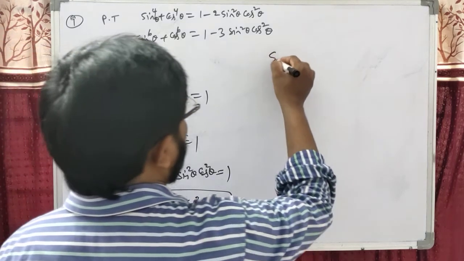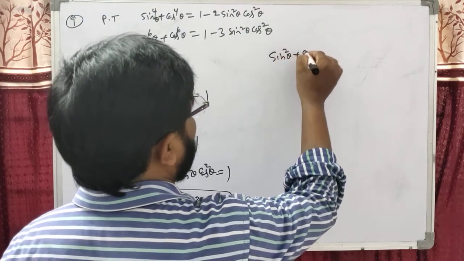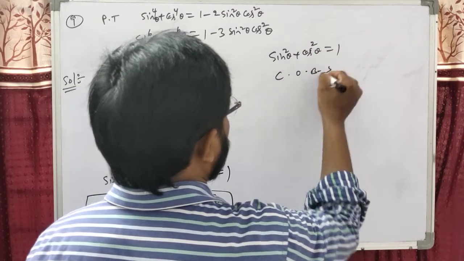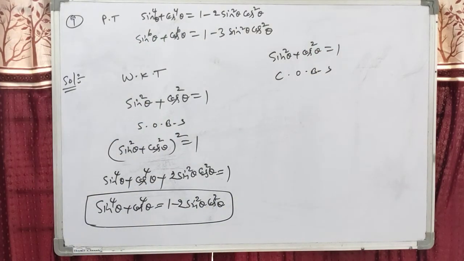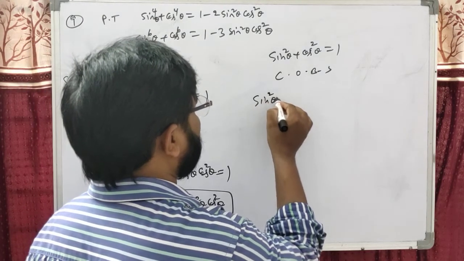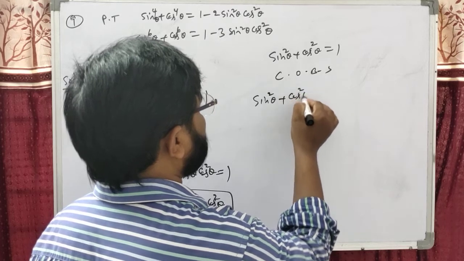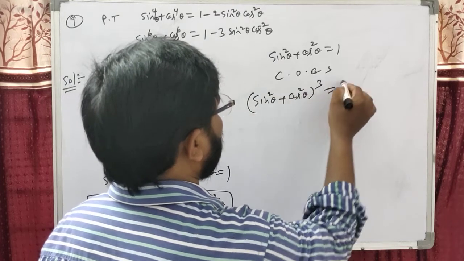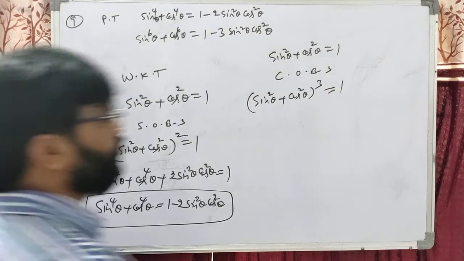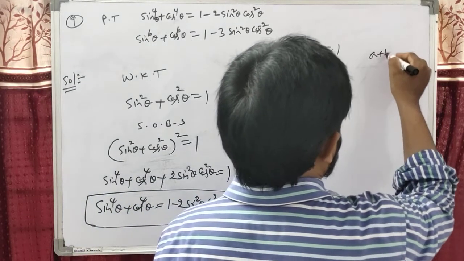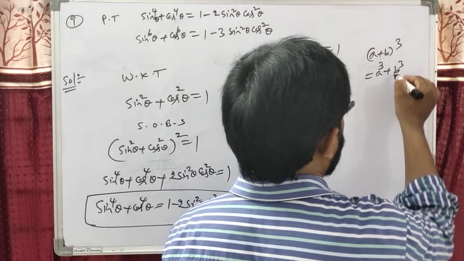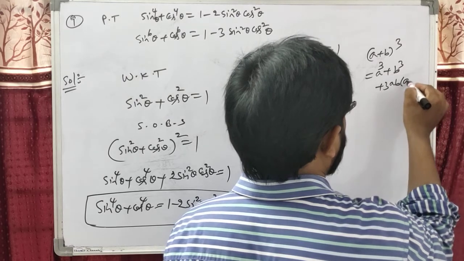Again, we take sin square theta plus cos square theta equals 1. We can take cubing on both sides. Then sin square theta plus cos square theta whole cube, 1 cube is 1. We have to know that a plus b whole cube is a cube plus b cube plus 3ab into a plus b.